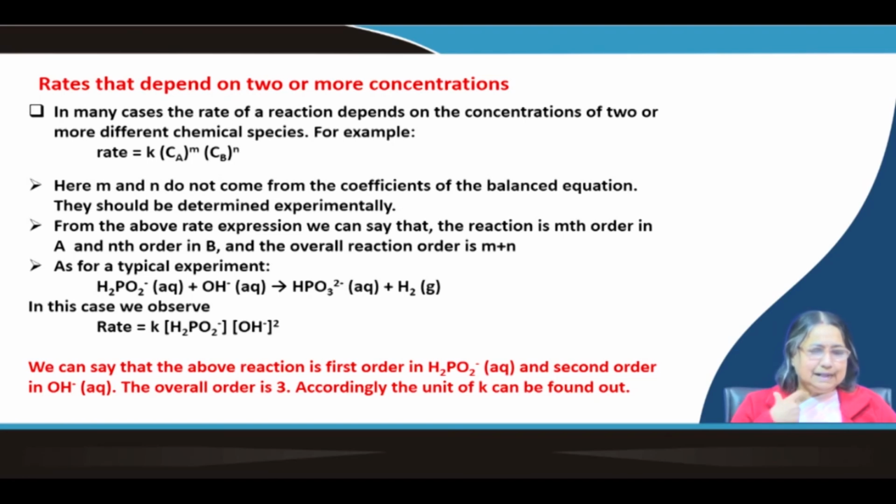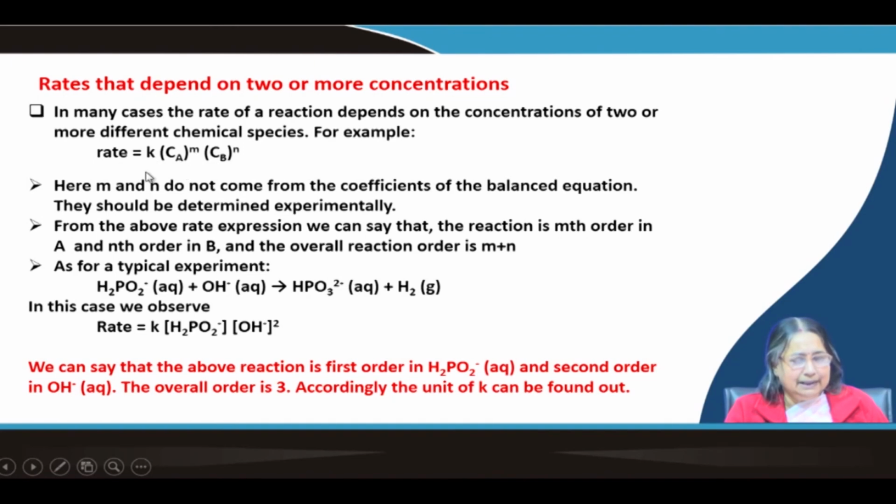Now, in many cases the rate of a reaction depends on the concentration of 2 or more different chemical species, as I was explaining in the previous slide. In this case you see the rate is k, the specific rate constant, times Ca to the power m and Cb to the power n.